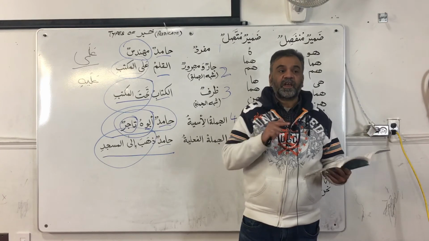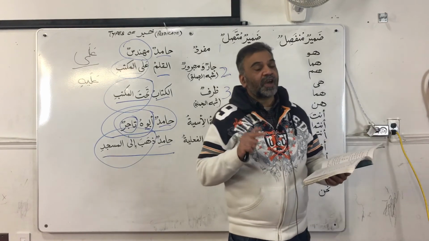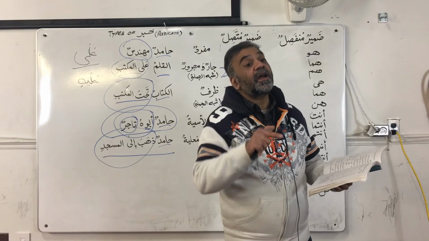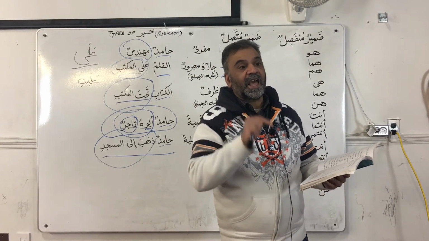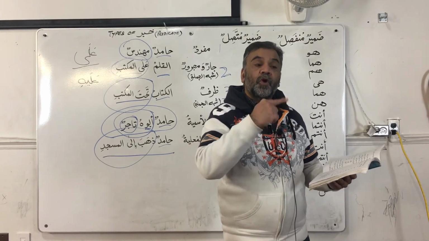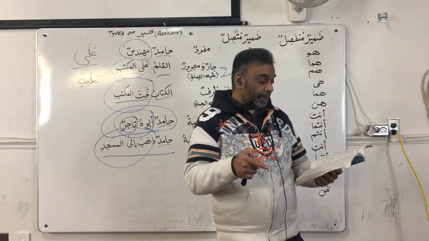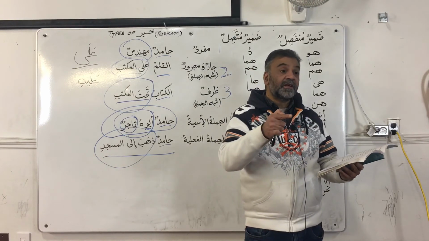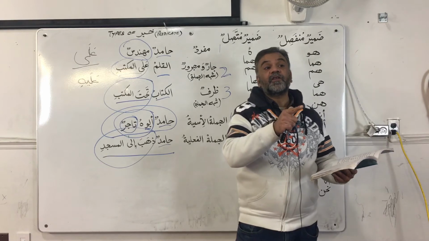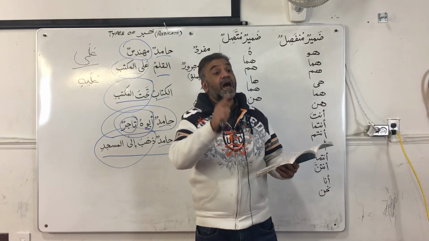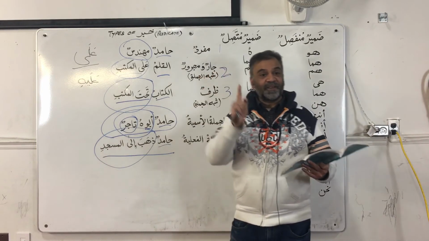and in this jumla ismiya laha is your jarun wa majrurun shibu jumla khabar muqaddam, and tiflun is your mubtada muakhar, and saghirun is your, what is the grammatical value of saghirun? Not tiflun saghirun.